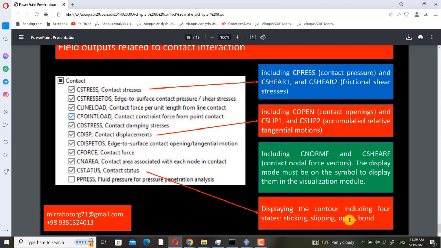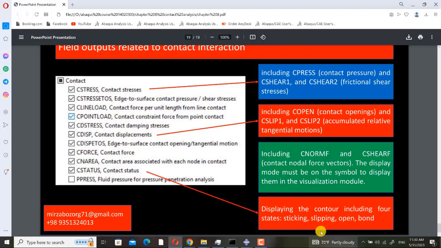Okay, and the contact pressure is 0, so there is no contact. But when the contact is closed, it means that clearance is 0 or negative and contact pressure is more than 0.